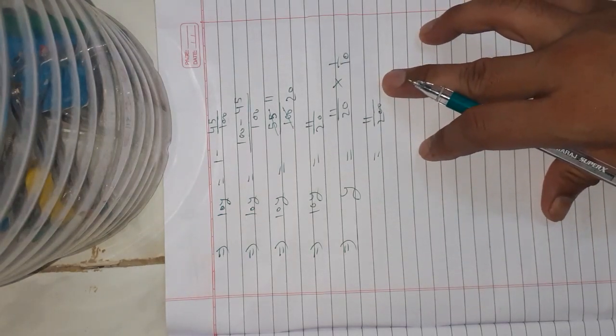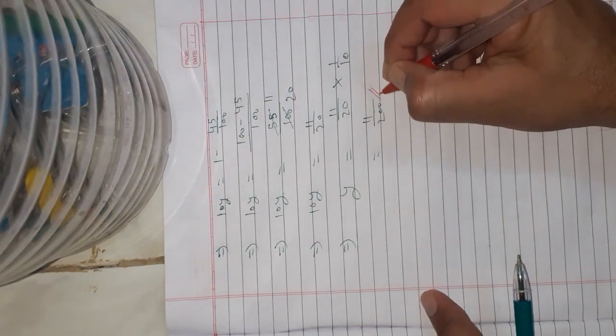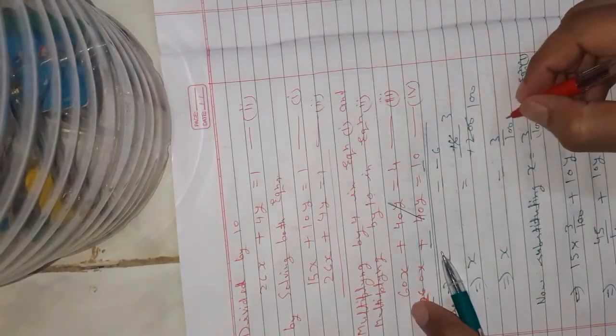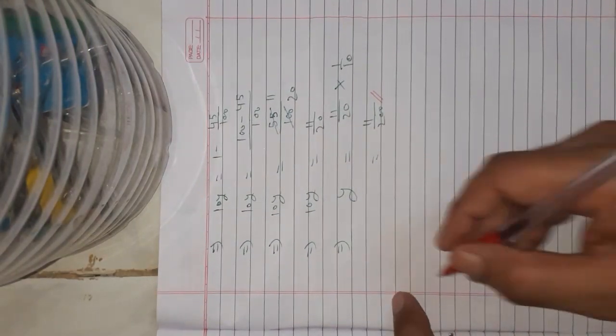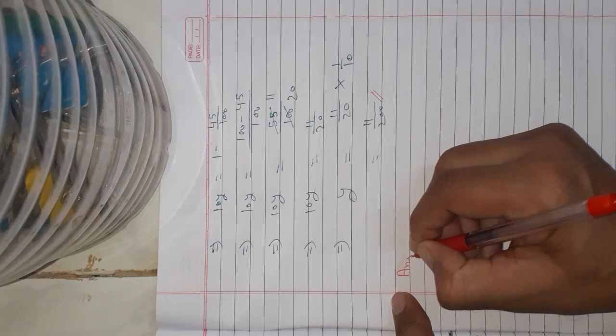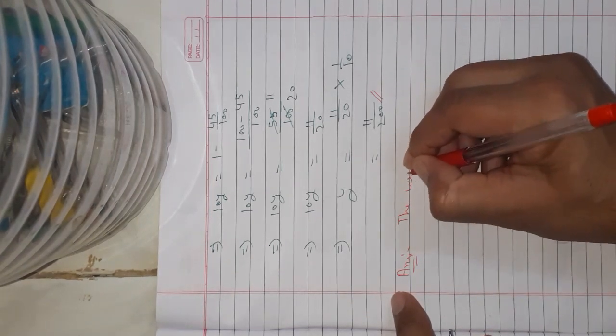Clear? So you got the value of x and y. So what is the weight of one box you got? That is x, and x is how much? You got 3 upon 100. So what will be the answer? Here this is y, here this is x. So what is the answer?